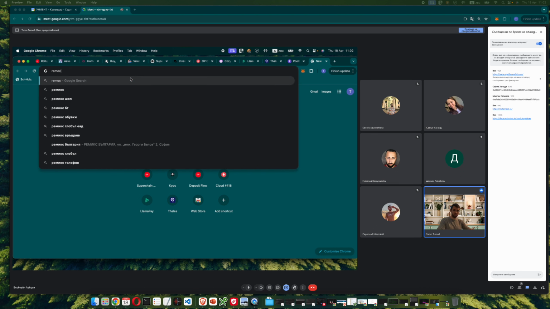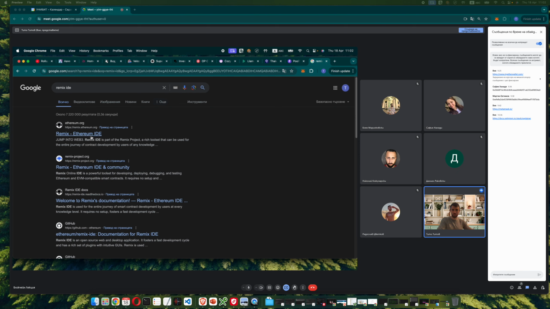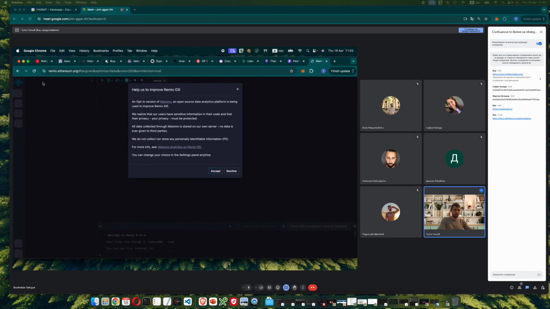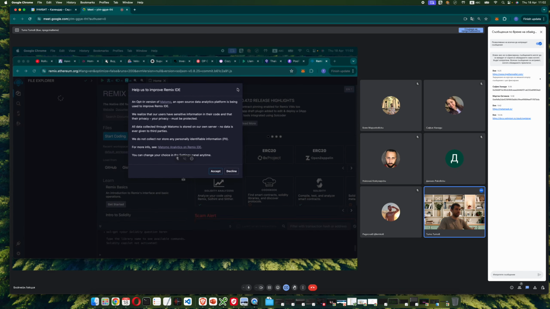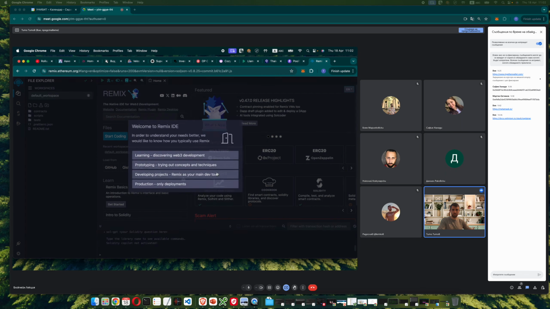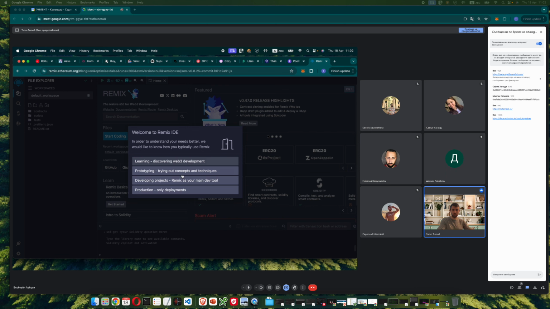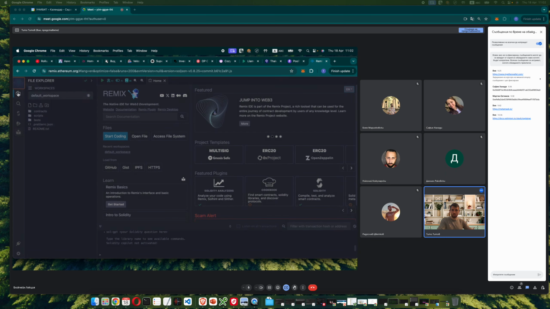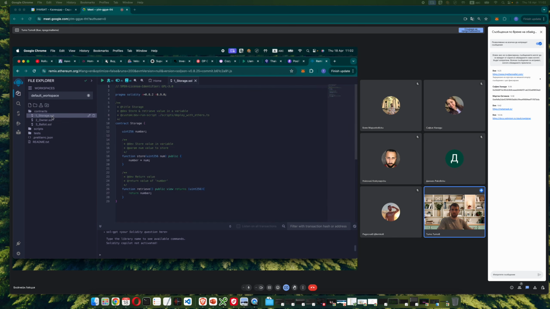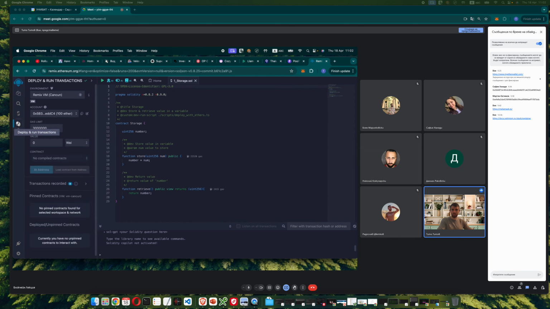For the smart contracts, we will use the Remix IDE, which is basically an IDE for developing smart contracts, and we'll be able to come here, write some smart contracts, connect our MetaMask wallet, and then basically deploy the contract on the Optimism network, like for real.